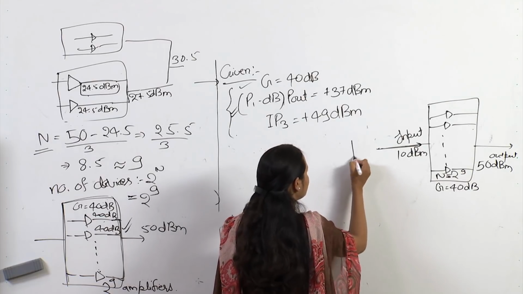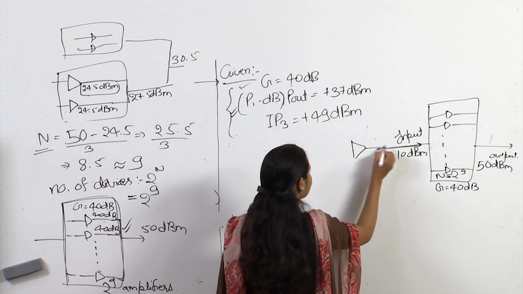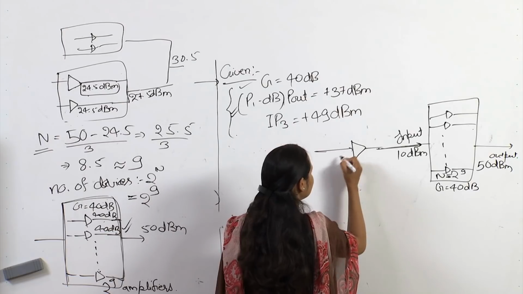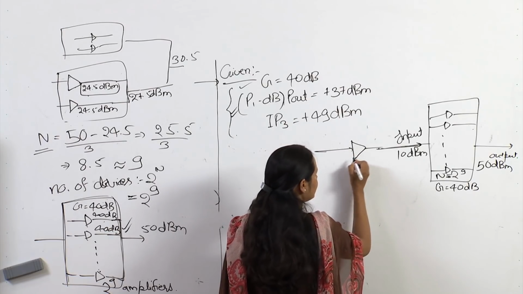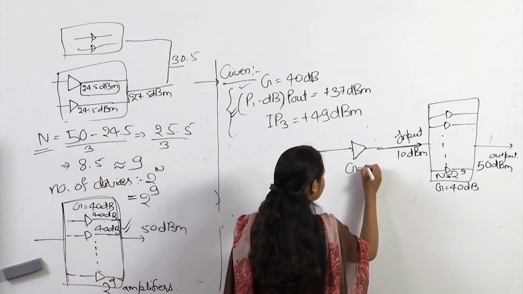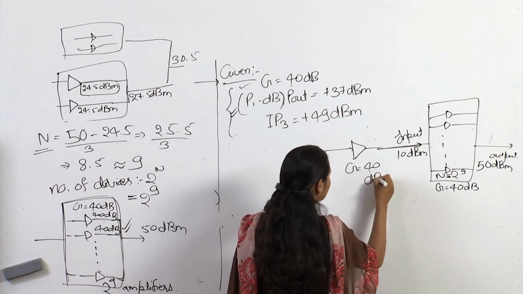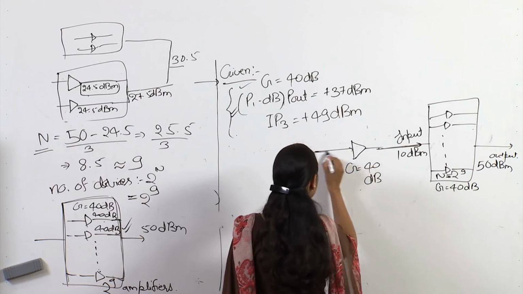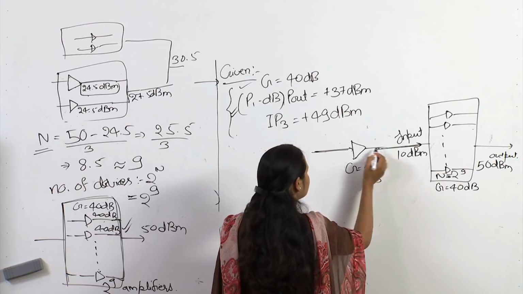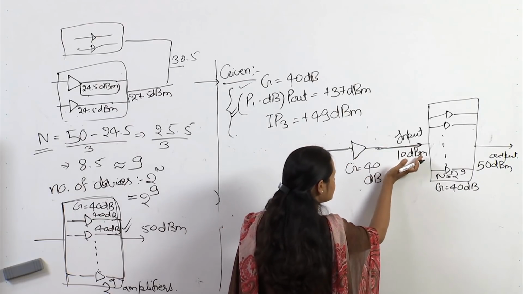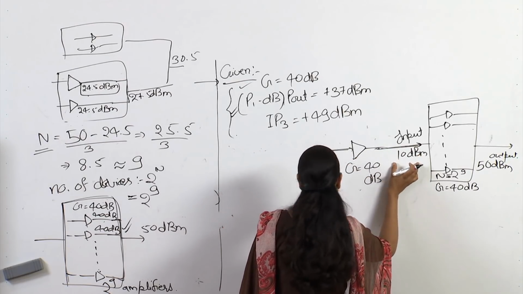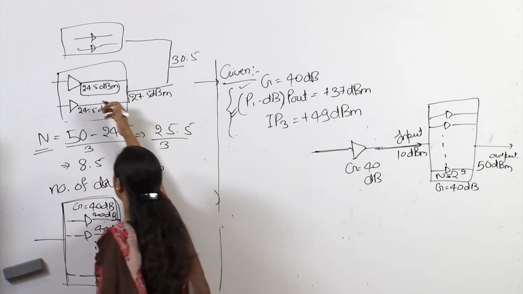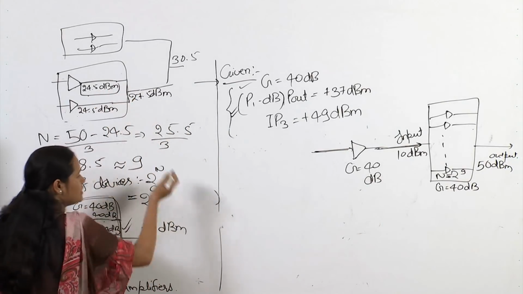So we simply attach one of the devices which already has 40 dB gain, and it is able to cover this requirement of P out of 10 dBm, because it can give up to 24.5 dBm, so it does not have any problem.